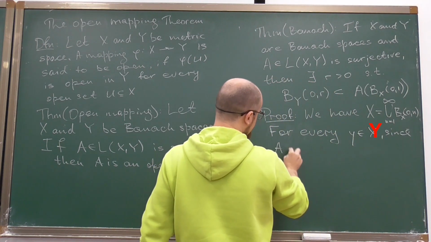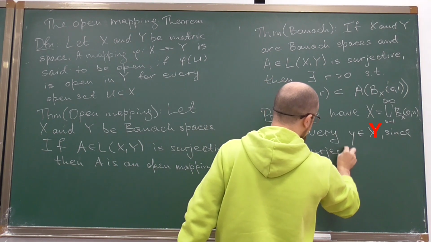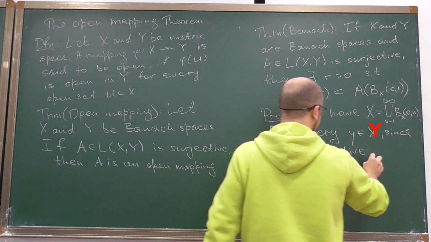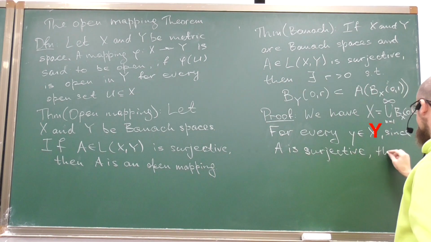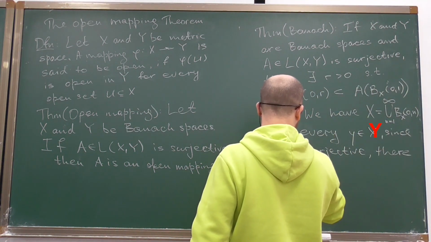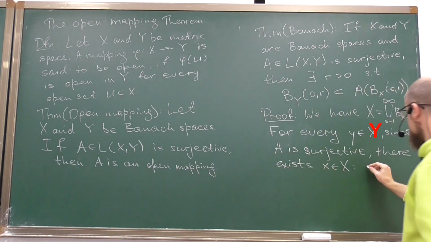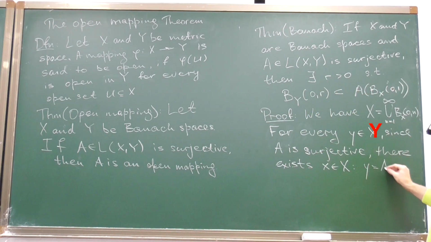Since A is surjective, there exists x from X such that y equals A of x. Since the space X is written as a union of these balls, then this x does necessarily belong to some of these balls.